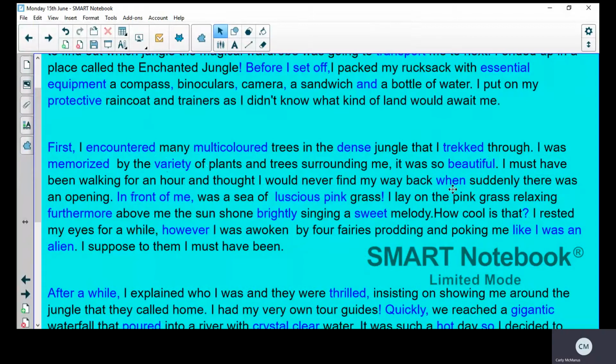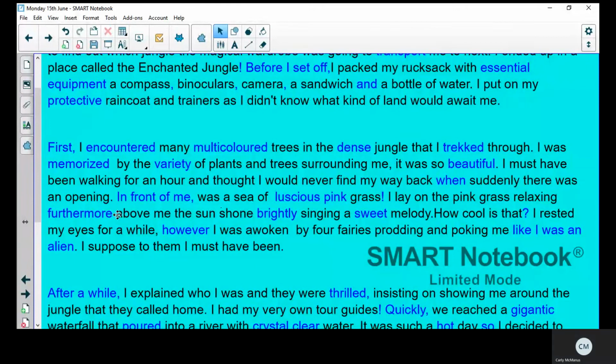So I've got my sentence and I'm joining it with when. Then in front of me, that is your fronted adverbial. Luscious pink grass. So luscious pink is your adjective. And then I've got an exclamation mark. So at one bullet point saying that there was multicoloured trees and pink grass, I've made 2 extended sentences.